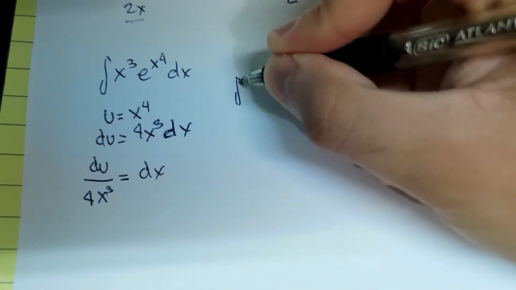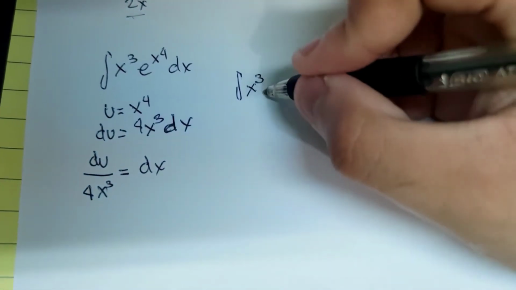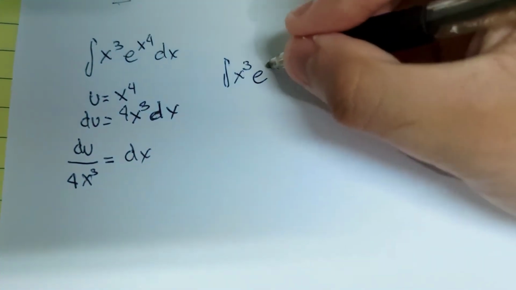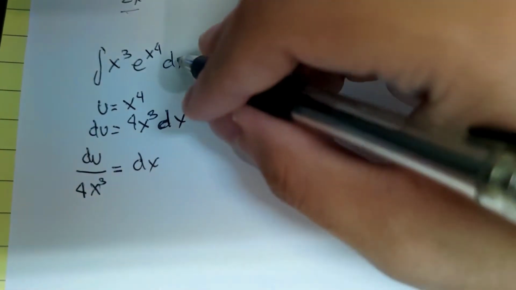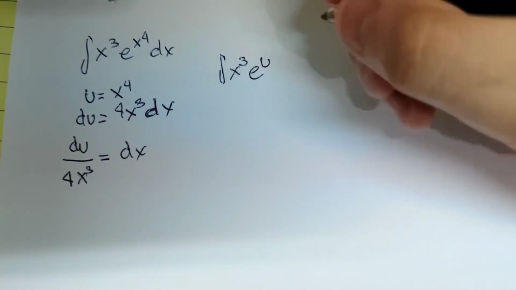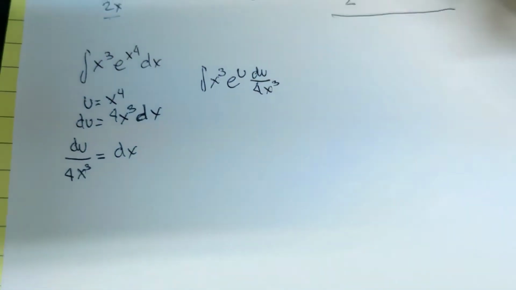We have the integral of x cubed and e, and let's replace x to the 4 as u, and our dx will be du over 4x cubed.